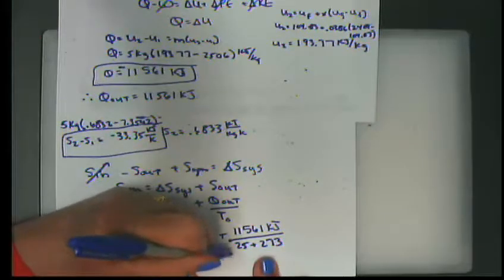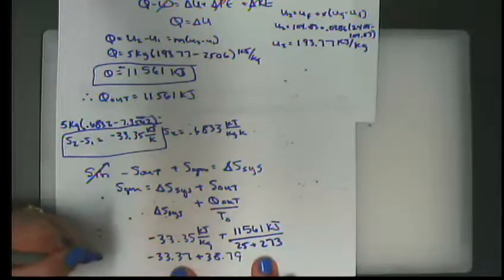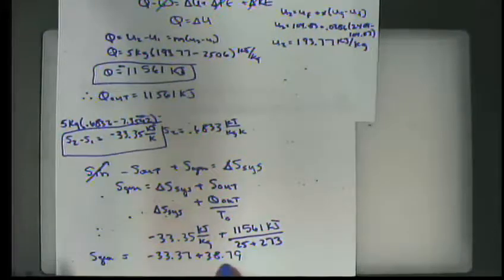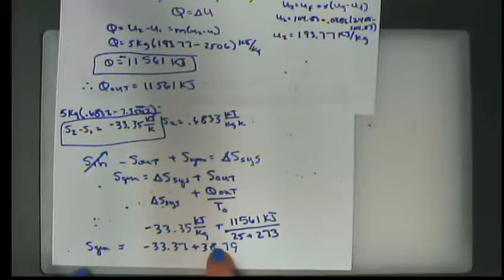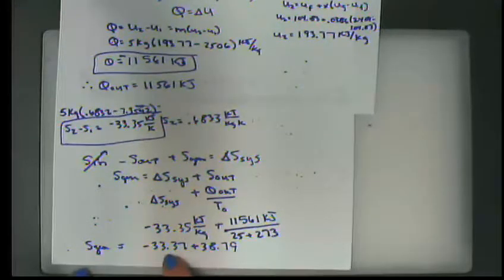So do you see how that's going to become a positive number? Because this has a higher absolute value than this. So my positive value from the heat transfer of entropy is greater than the absolute value of this. So what I end up with is a positive value here, minus 33.37, and I get 5.42.